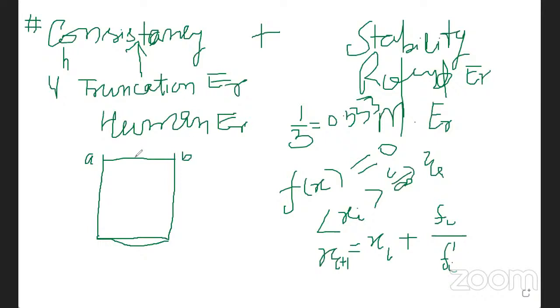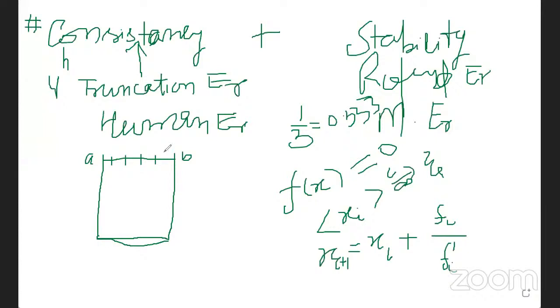The first thing we are doing is approximating this continuous interval by a finite number of nodes. Am I right? That is the first approximation we are making.